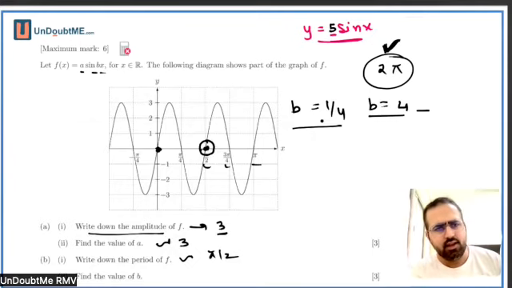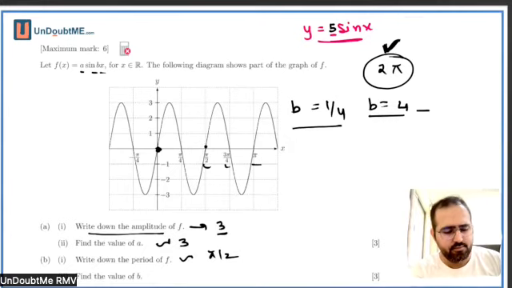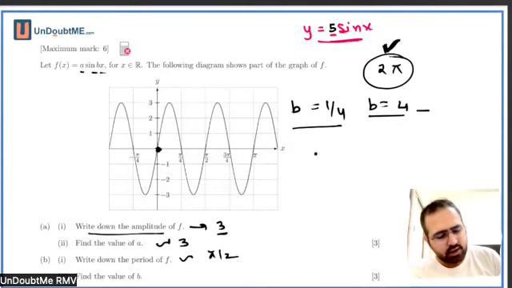Anyone can guess, any method? Okay, how do we do it? Let us see. Sine is always 0 at some n pi. So basically this bx value should be equal to some n pi.